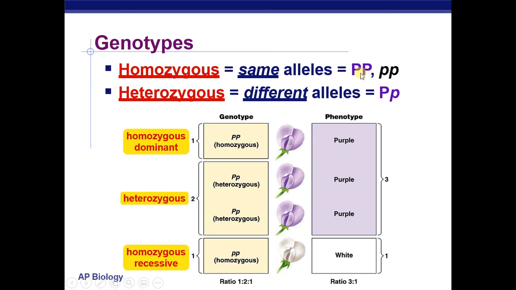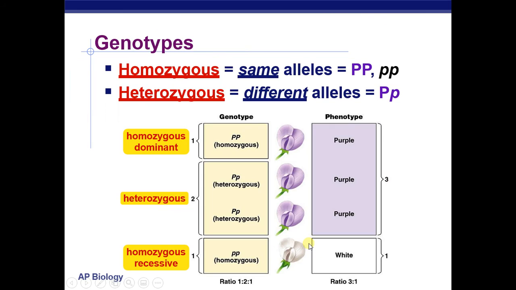So we call this genotype with 2 dominant alleles homozygous dominant. And 2 alleles that are recessive, homozygous recessive. If there is a genotype that has 1 of each allele, 1 dominant and 1 recessive, we call that heterozygous, for different alleles.